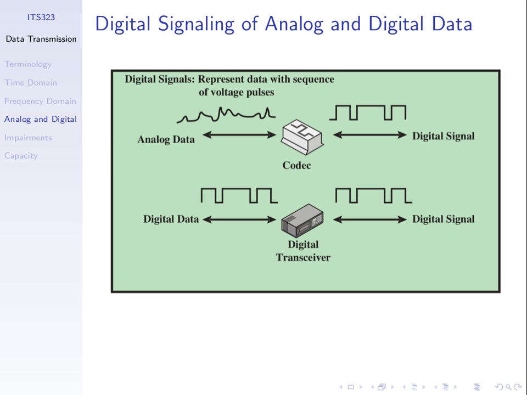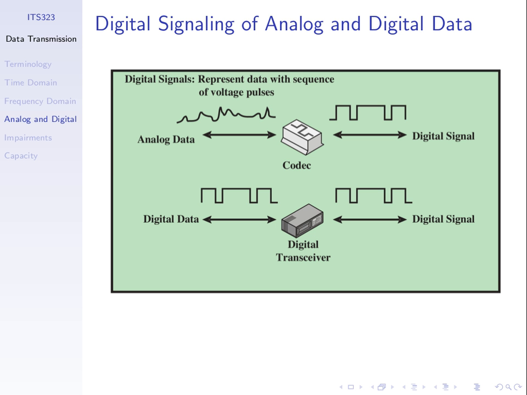A codec converts the analog data, the audio, the music, the video, into some binary format. MP3 is a codec that takes music, the analog data, and converts it to save it as bits, zeros and ones, as digital data. So a codec goes from analog to digital.